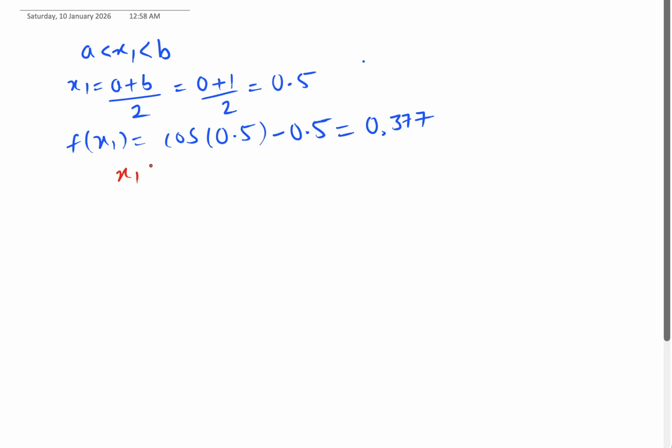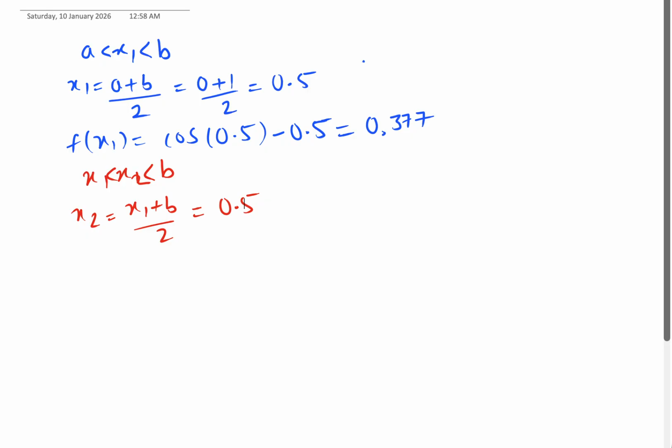We will have x2 between x1 and b. So x2 will be (x1 plus b) upon 2. The value of x1 is 0.5.